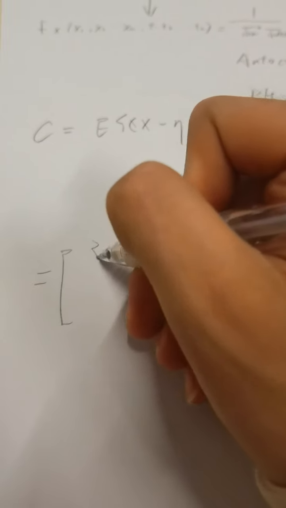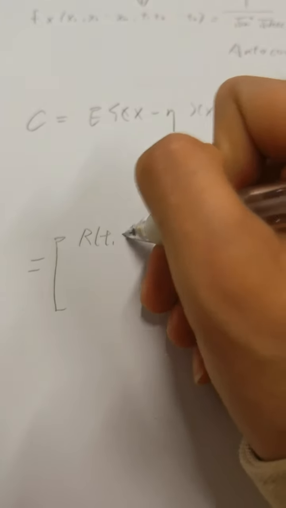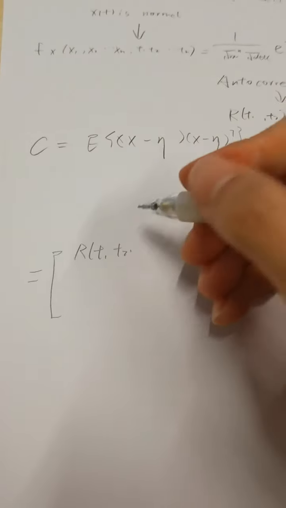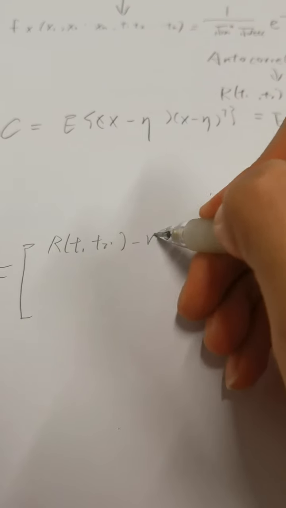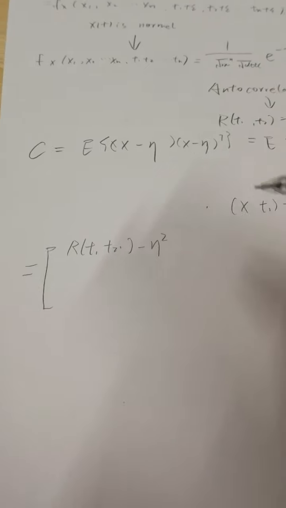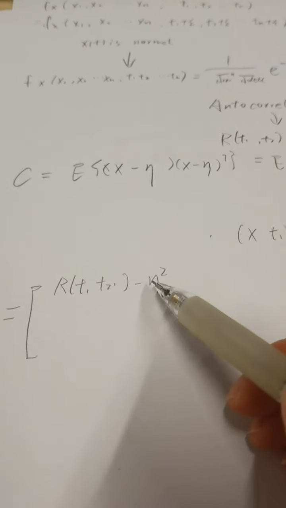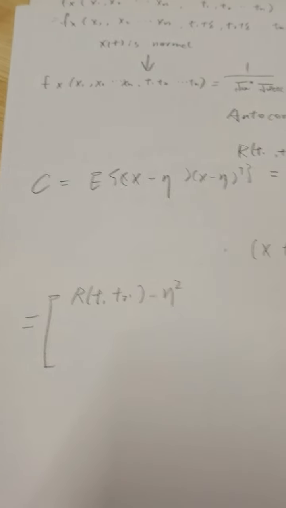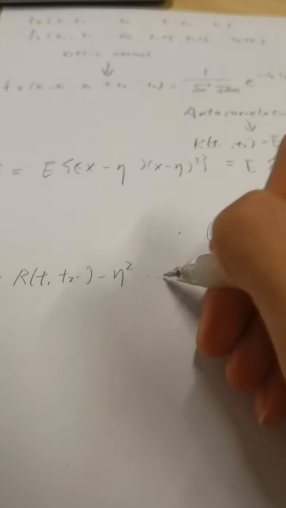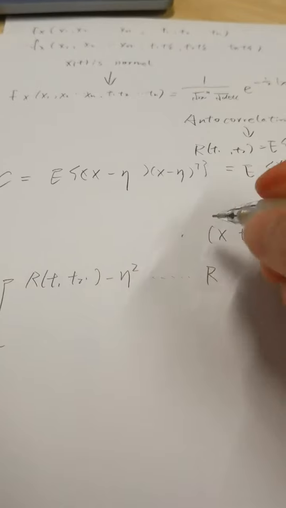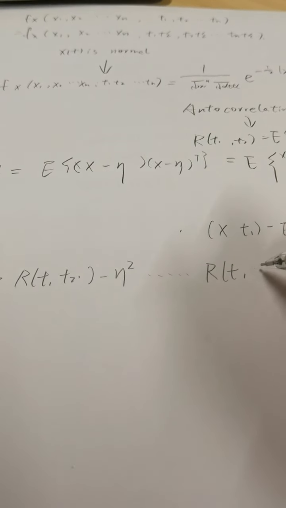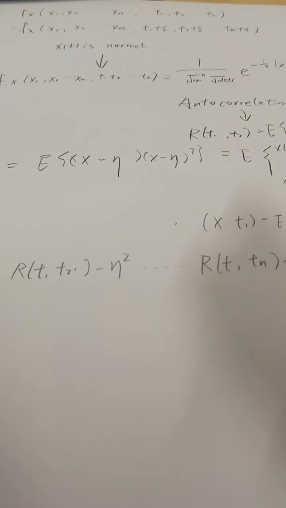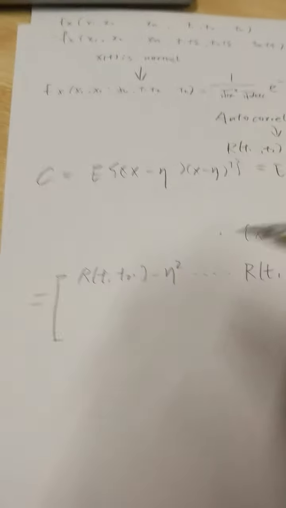We can write out the matrix, which is equal to R(t1, t2) minus this square. This part comes from the WSS, and it continues until t1, tn in this line, because this is a matrix.